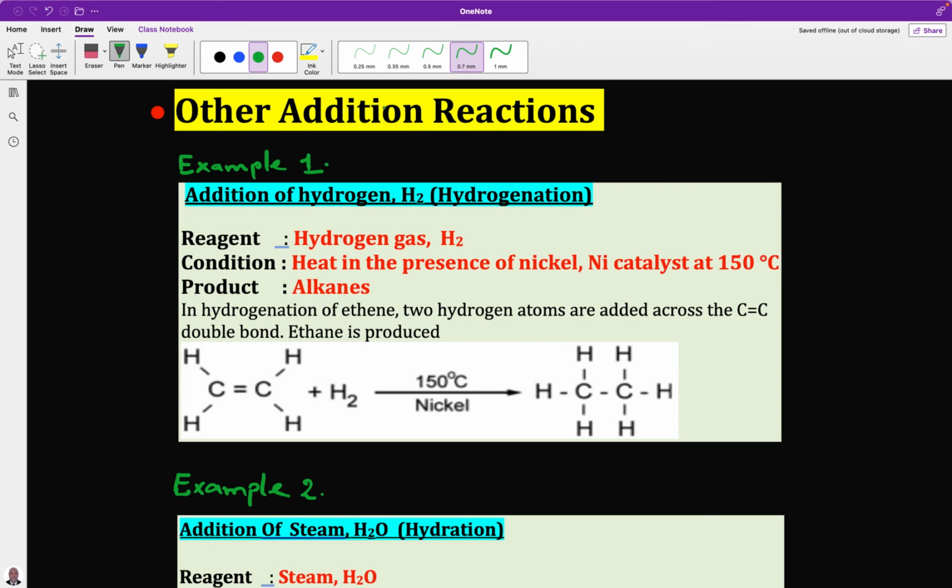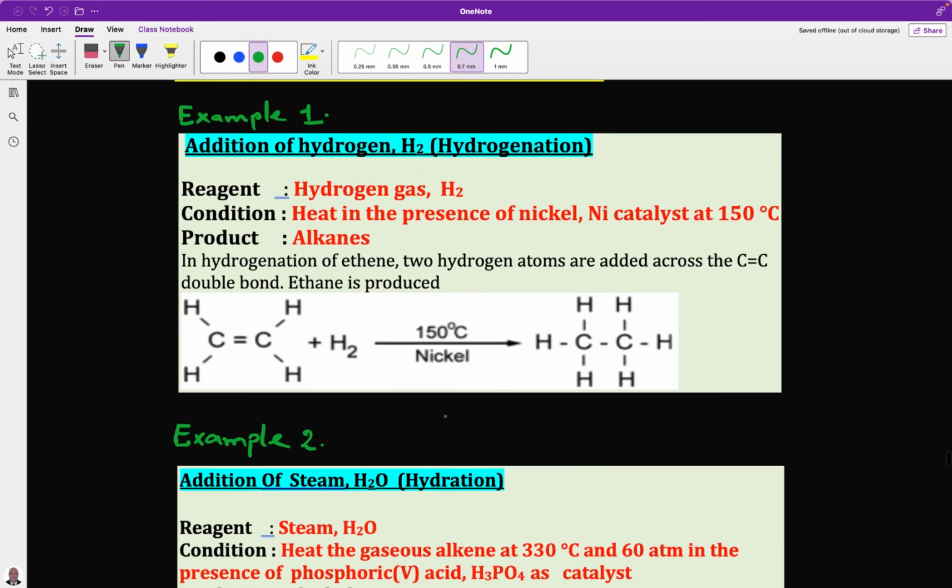An alkane. From an unsaturated compound to a saturated compound. So there's the addition. In the hydrogenation of ethene, two hydrogen atoms are added across the double bond, and an ethane molecule is formed. There it is here, 150 degrees Celsius heating. Nickel catalyst is very, very important.